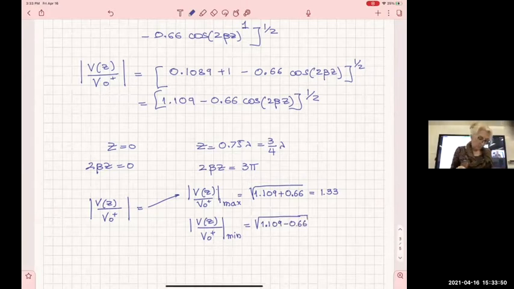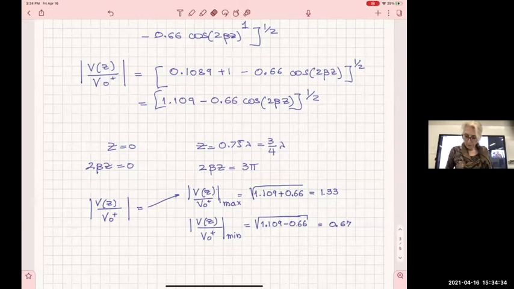Let me find it. 1.109 minus 0.66, and then the square root of this, 0.67. So 0.67. Okay, did I do right? 1 minus 1.1. I think I've made a mistake.